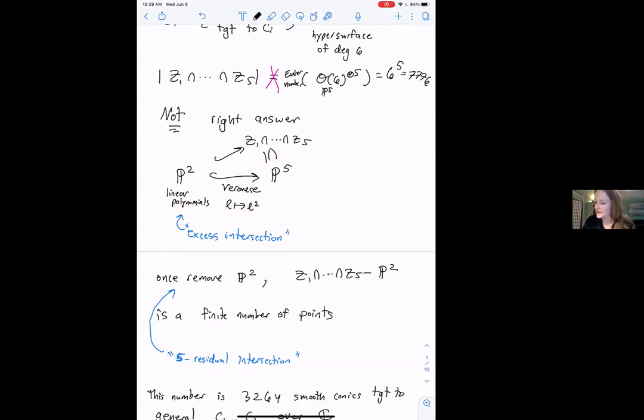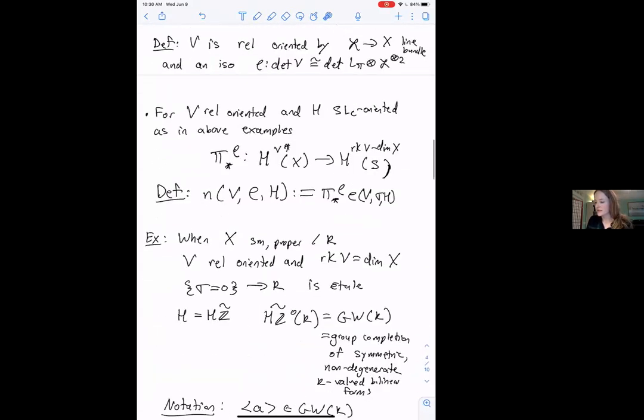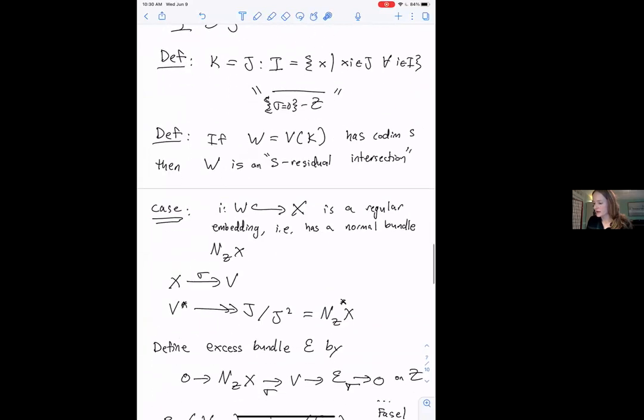So in fact, it's the closed immersion given by the square of the ideal cutting out the Veronese. And since this is codimension greater than 1, when you square an ideal, we're not getting a regular embedding.